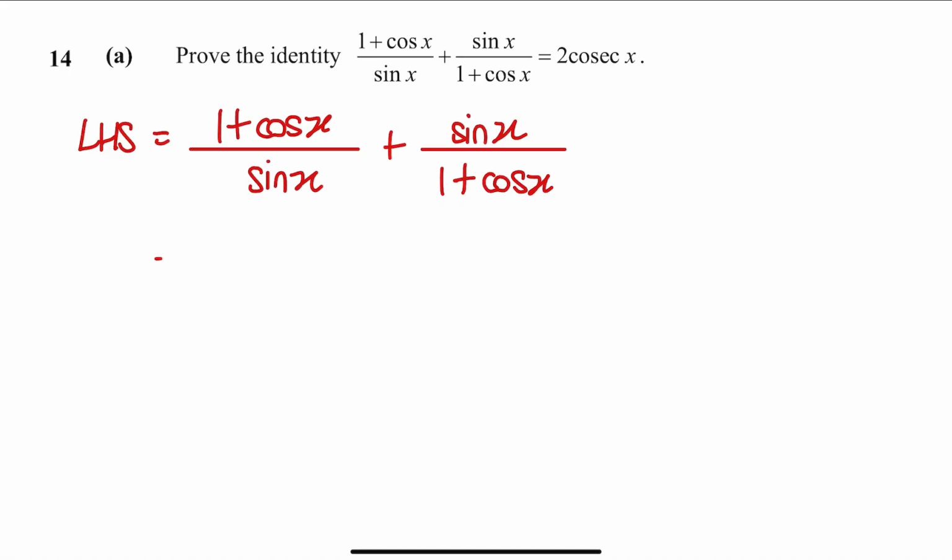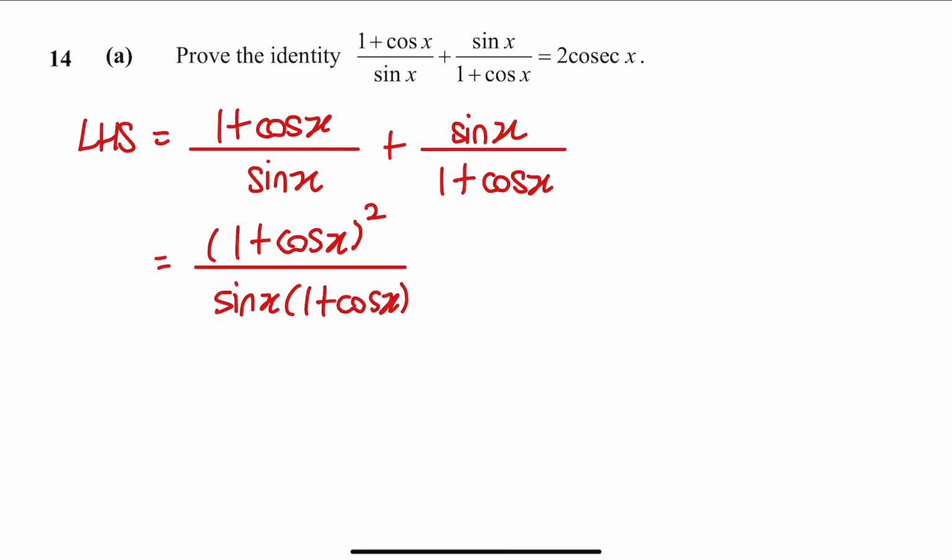So very simply, this will become 1 plus cosine x the whole thing squared over sine x times 1 plus cosine x. Okay, then plus, in this case here, sine squared x over sine x times 1 plus cosine x.